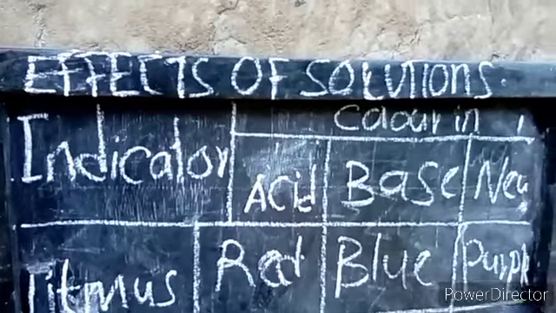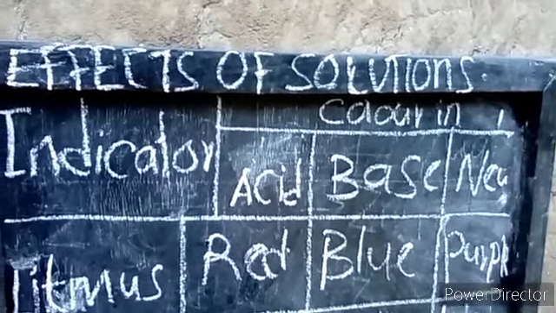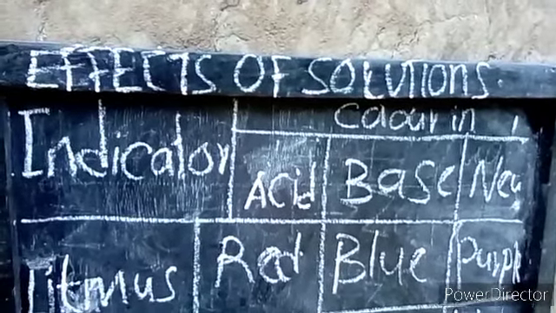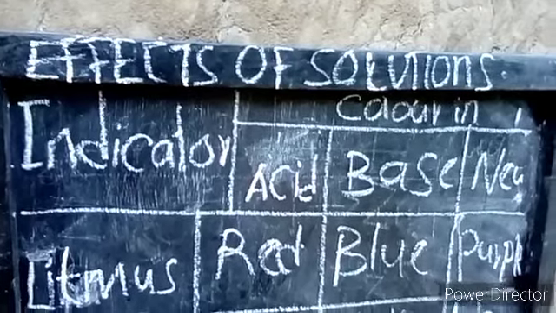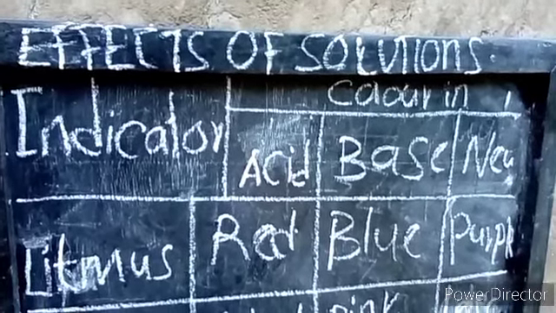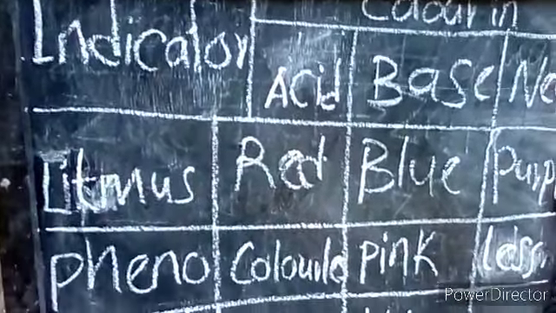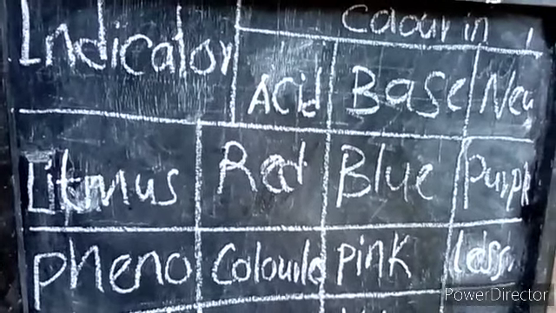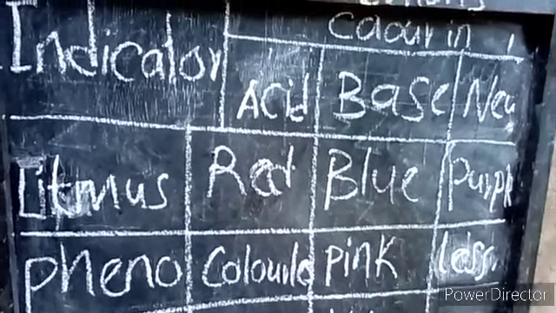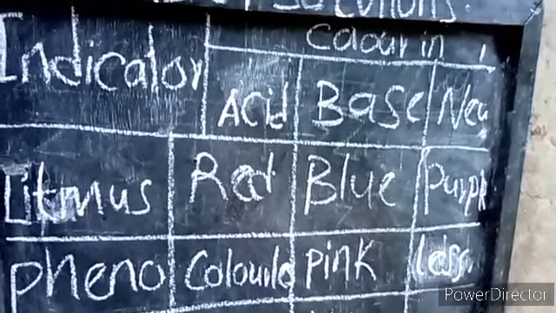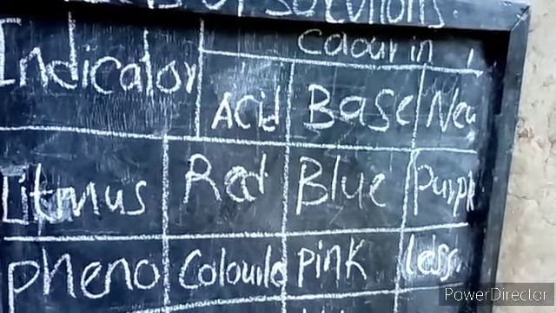So we have the indicator, then the other columns, color in acid, base, and in neutral form respectively. Under litmus, the acid turns the litmus paper red, base turns blue, then under neutral, the litmus is purple.